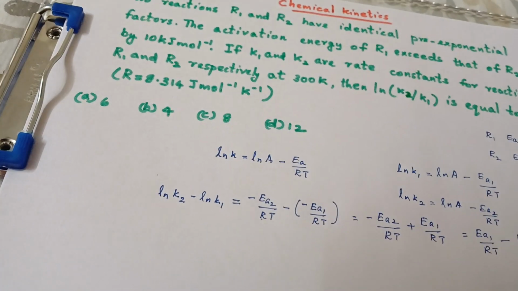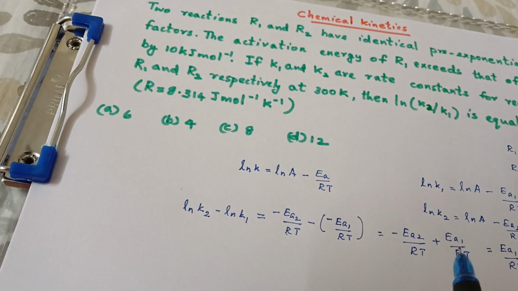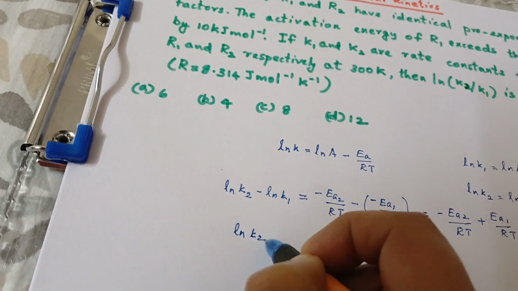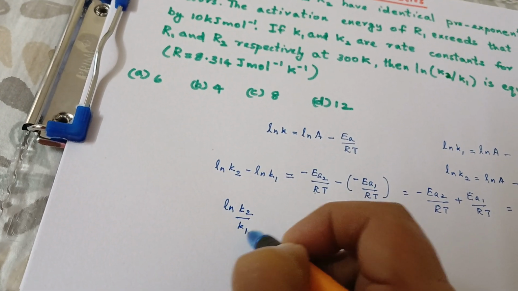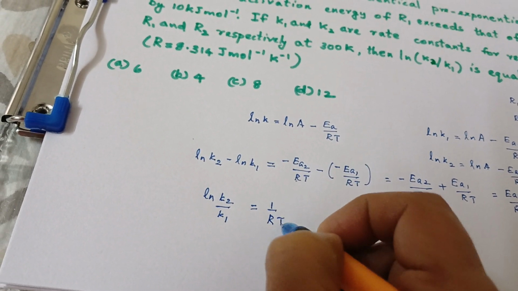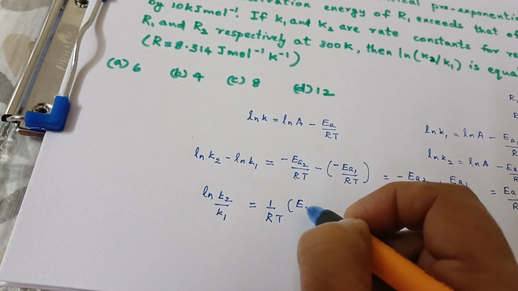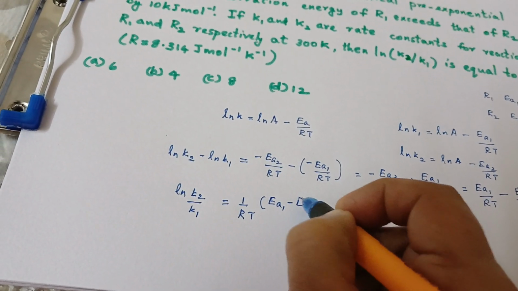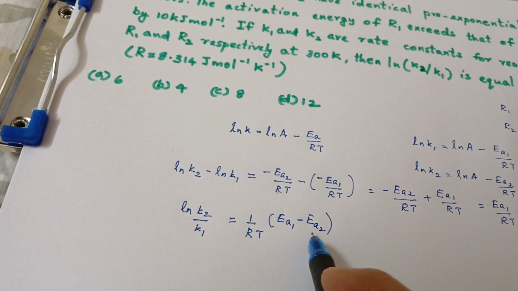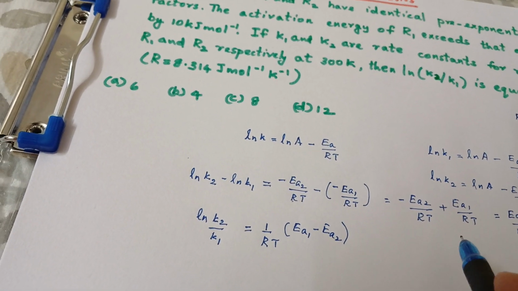Now let us take this RT outside the brackets and we will write this as ln K2 by K1 equals 1 by RT into EA1 minus EA2. EA1 minus EA2 is given as 10 kJ per mole.